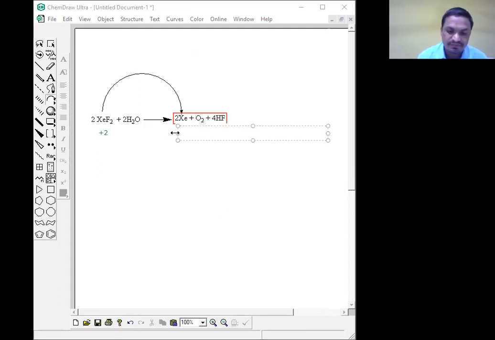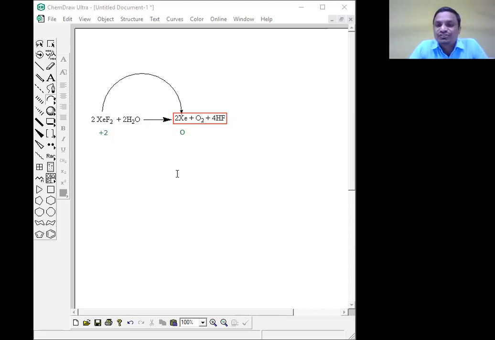What change takes place here? This is only a decrease in oxidation state, and that is called a reduction. Therefore, no disproportionation reaction takes place. Only a single product of xenon is obtained, which is a reduction product, that is, evolution of xenon gas only.